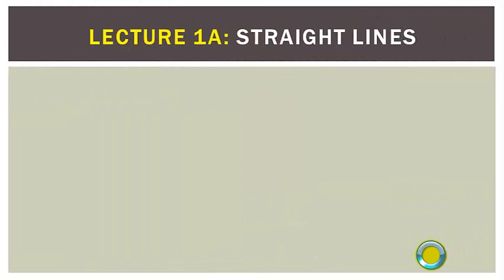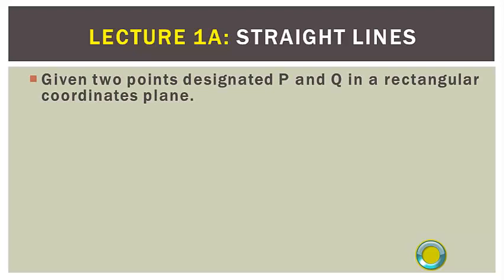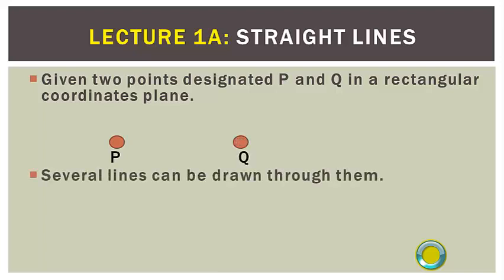Lecture 1A on straight lines. Given 2 points designated P and Q in a rectangular coordinate plane, that is, given this point P and this point Q, several lines can be drawn through these 2 points.